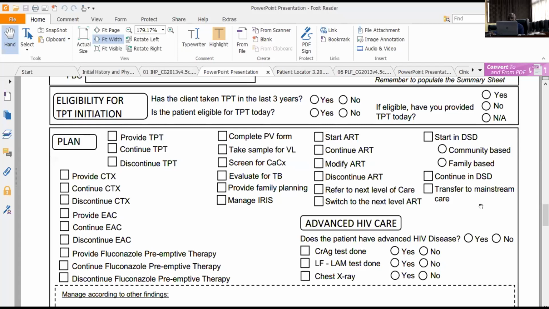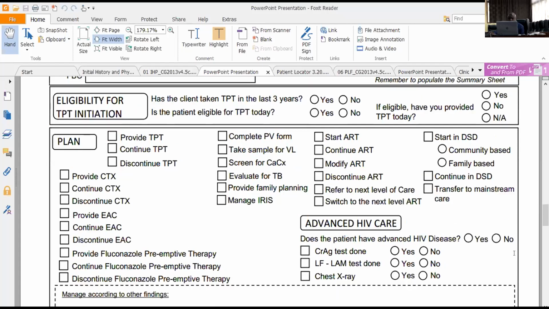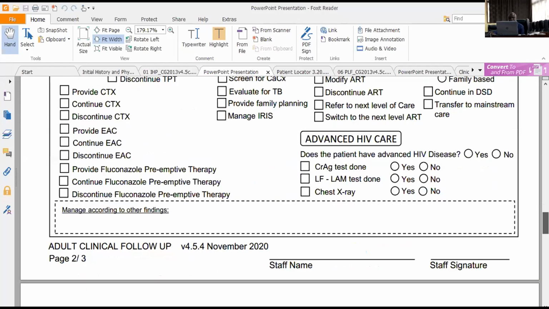Then there's also a question of how to manage advanced HIV care. Does the patient have advanced HIV disease? Say yes or no. And then there are those 3 tests. If it is yes, have those tests been done? So there's the cryptococcal antigen test. Was it done? The LF-LAM test, was it done? And the chest X-ray, were they done or not? Then you go into the investigations.